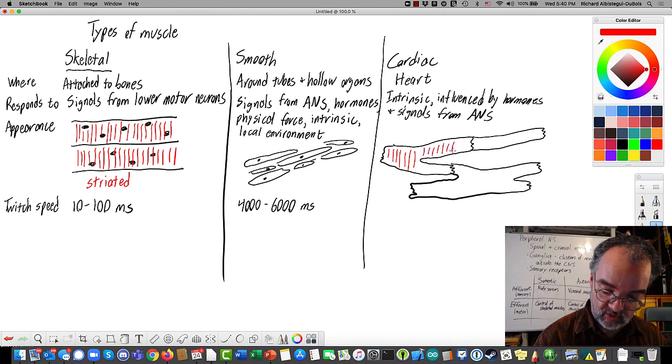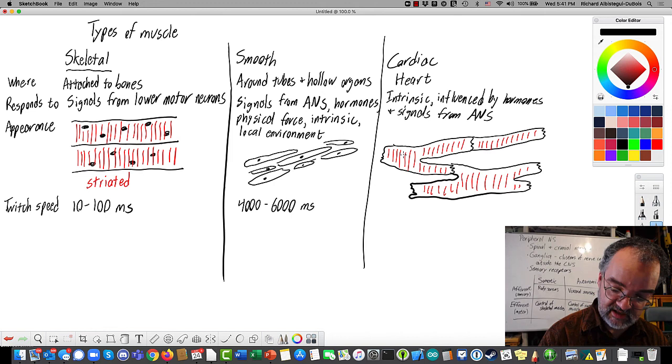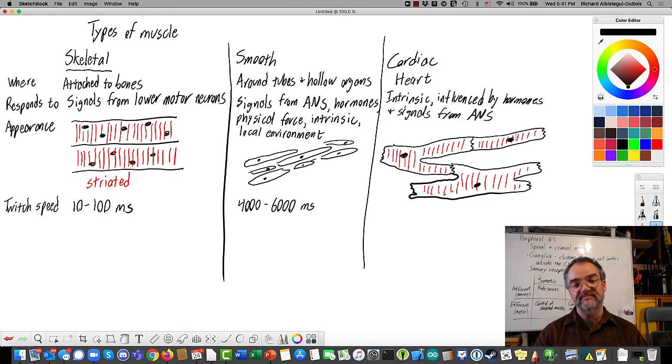They're much shorter than skeletal muscle cells, but they have the same kind of striations. Generally, these are mononucleated, not exclusively. Sometimes these cells can have more than one nucleus, but usually mononucleated.